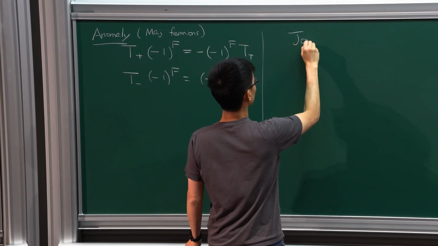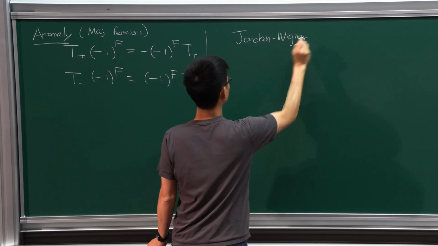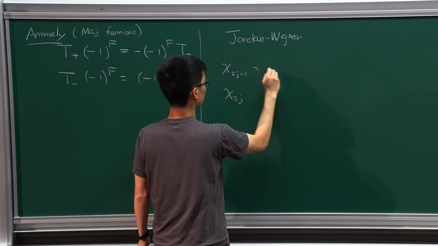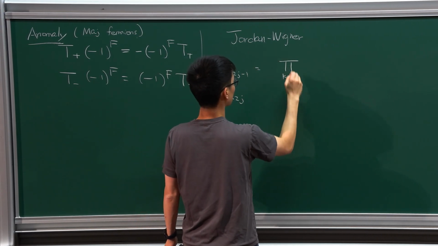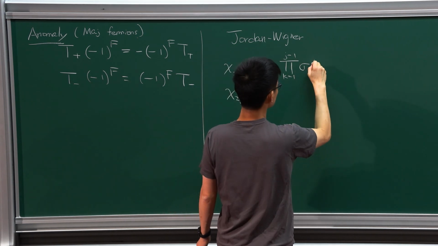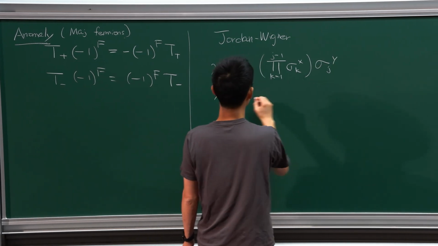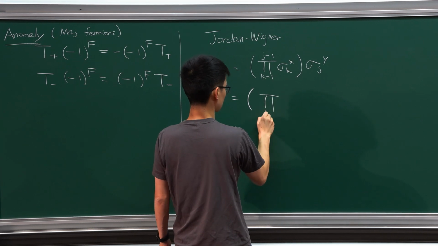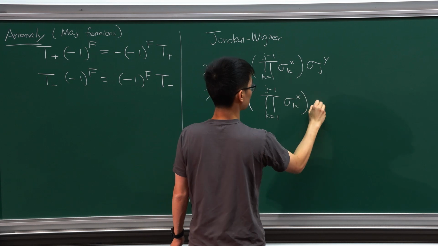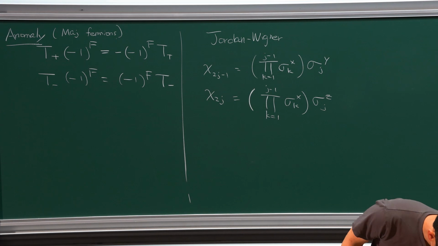To that end, we perform the Jordan-Wigner transformation, where we do the following change of variables. Make sure I get the Y and Z straight.